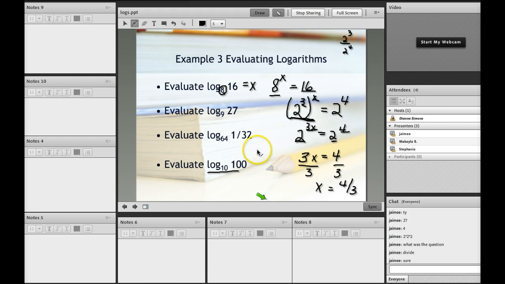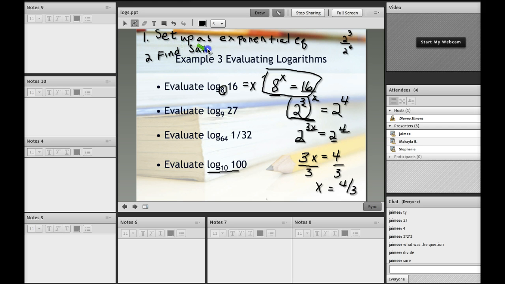So this is the way that you're going to do this. I can't put in a clean sheet, can I? Nope. So I'm going to write it up here as best I can. First step, you are going to set it up as an exponential equation. Second step, you're going to find the same bases if it's possible.